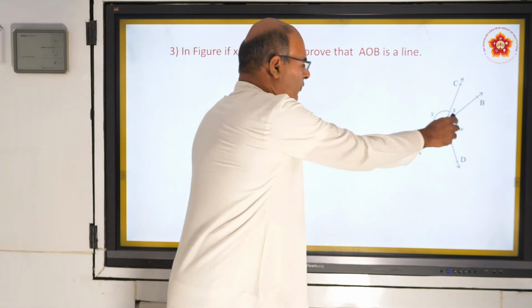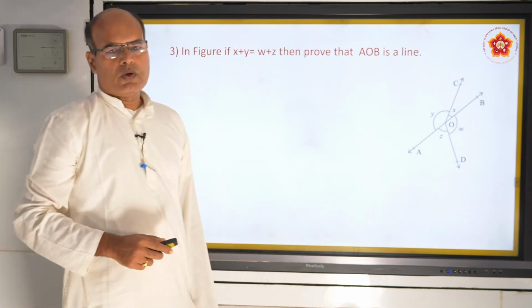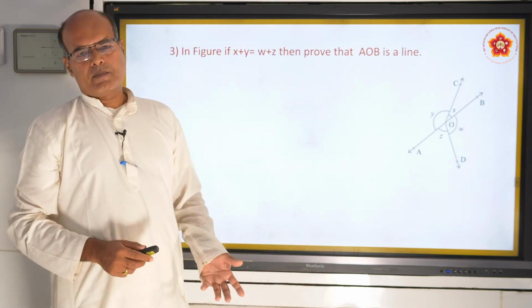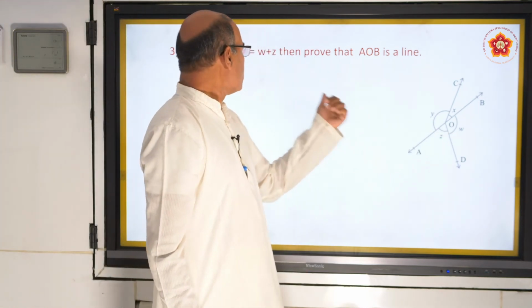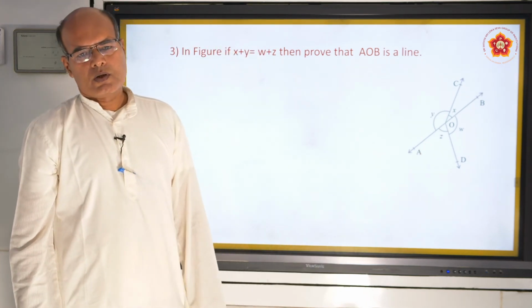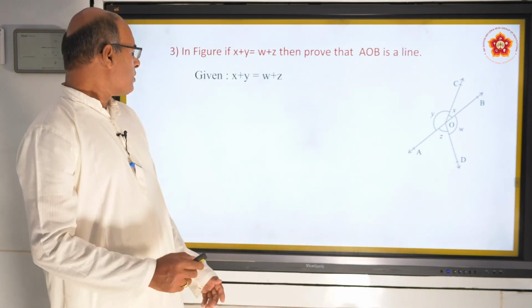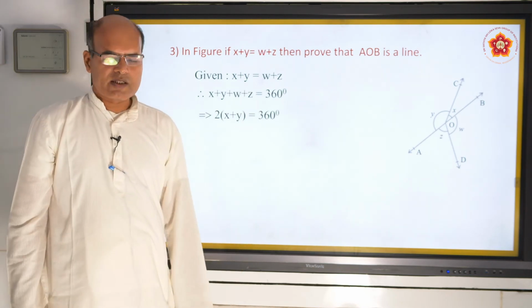So add all the four angles, we get x plus y plus z plus w, so we get 360 degrees. So in the place of w plus z, that is z plus w, we can write x plus y again. So therefore, we get 2 times x plus y is equal to 360 degrees.